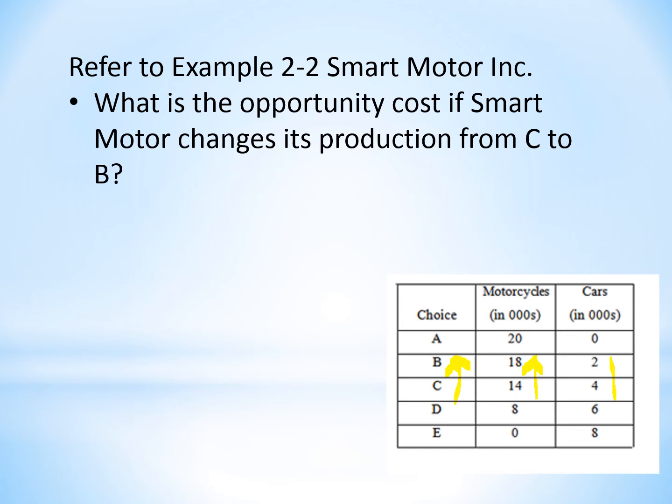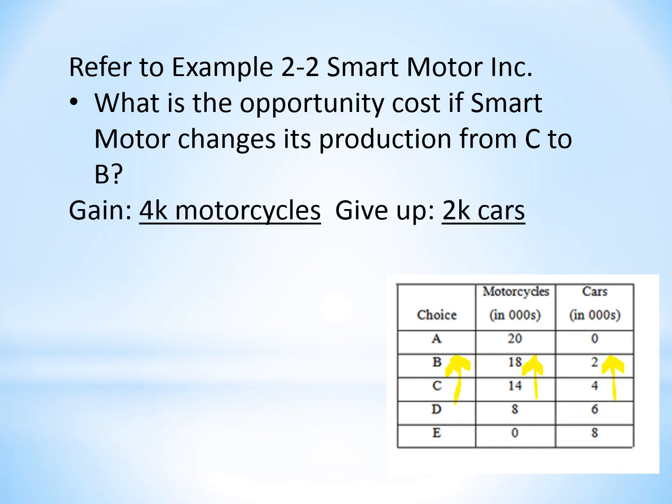In order to gain, they have to give up 2,000 cars, from 4,000 to 2,000. So the answer is they gain 4,000 motorcycles, they give up 2,000 cars. What they give up is the opportunity cost. So 2,000 cars are the opportunity cost. Get it? Good.